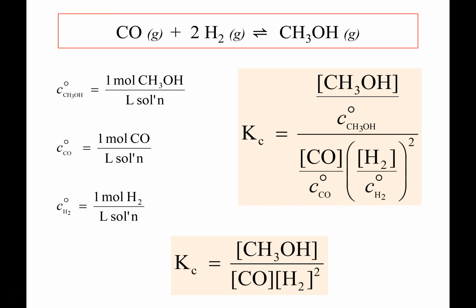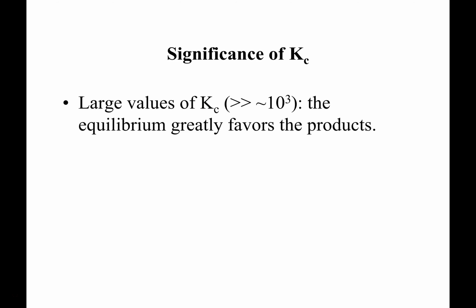The best way I've explained this one ever so far. So here we introduce moles per liter squared, but the C naught is actually moles per liter raised to the second power squared, and then those units cancel, but the number is the same. So your Kc is the equilibrium constant has no units, nothing.